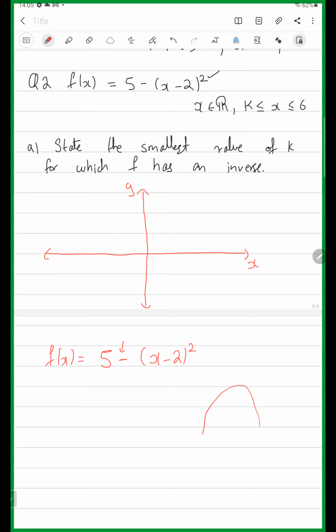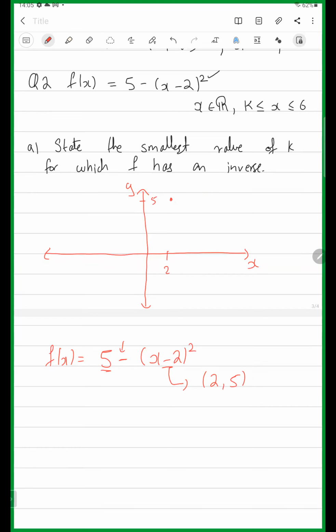Okay, but we need some more things as well, not only this part. We need to understand that the turning point would basically be at the negative version of this number. It's 2, and then this comes as it is, it's 5. So the turning point would be at (2, 5). Let's say this is 2, for instance this is 5.